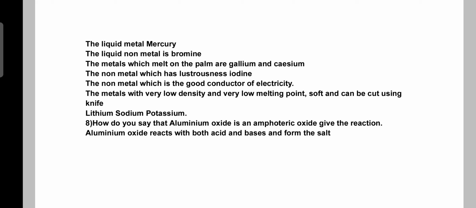For example, Al2O3 with an acid, that is HCl, forms the salt aluminum chloride and water. With a base also, like NaOH plus Al2O3, it will form sodium aluminate, NaAlO2, plus H2O.